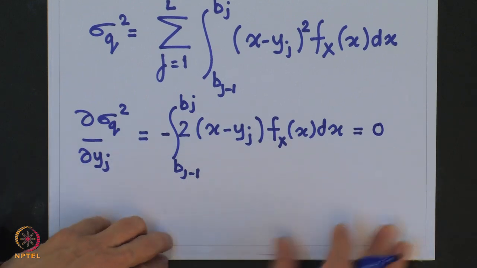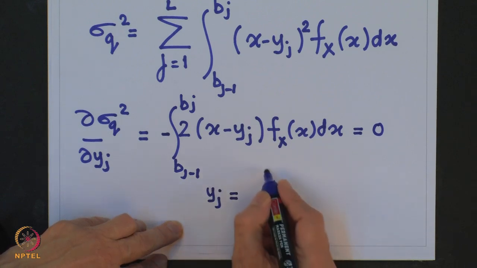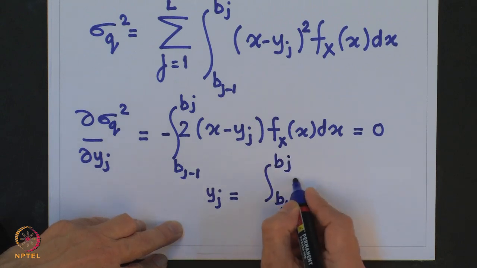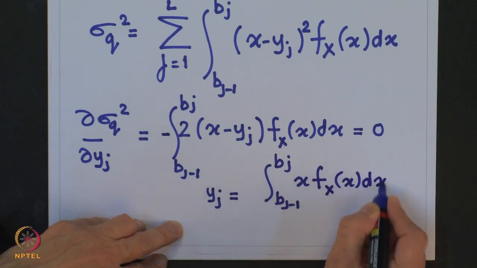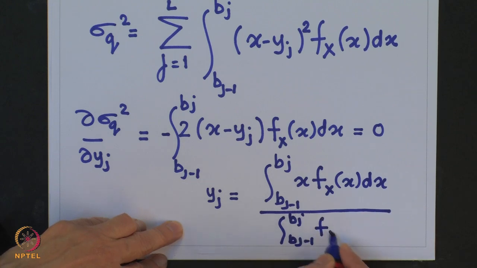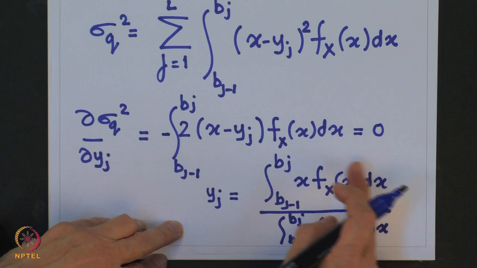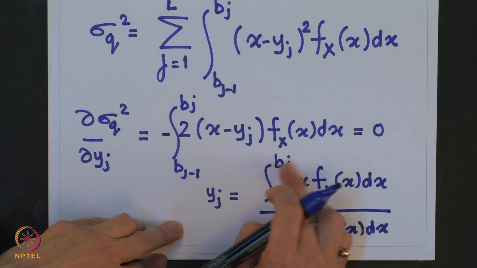If I do this, it is easy to see that I will get my value of Yj to be equal to this, which is nothing but the centroid of the PDF in the interval between Bj minus 1 and Bj.